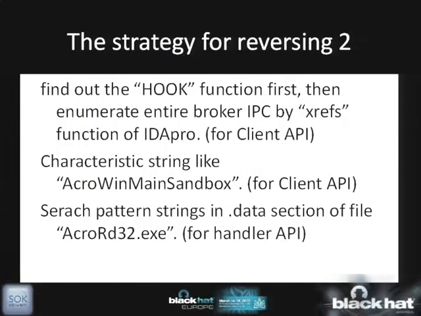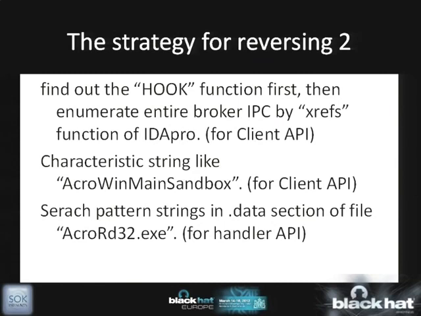Another way to do that: I mentioned earlier that all the Win32 APIs are hooked in the sandbox process. So if you find the function that is used on startup to hook those functions and use the cross-reference function in IDA Pro, for example, you will find all the APIs that are hooked.